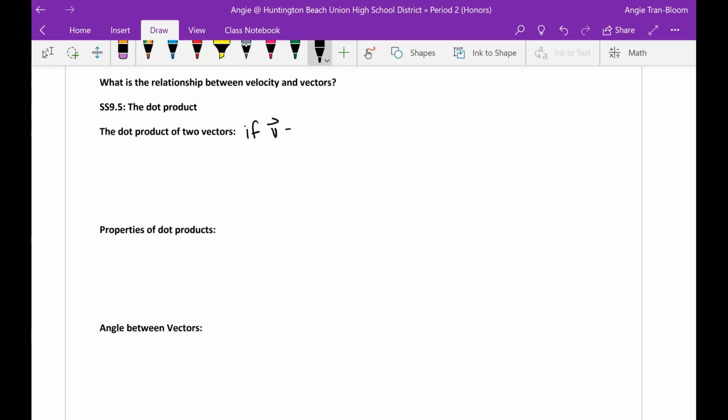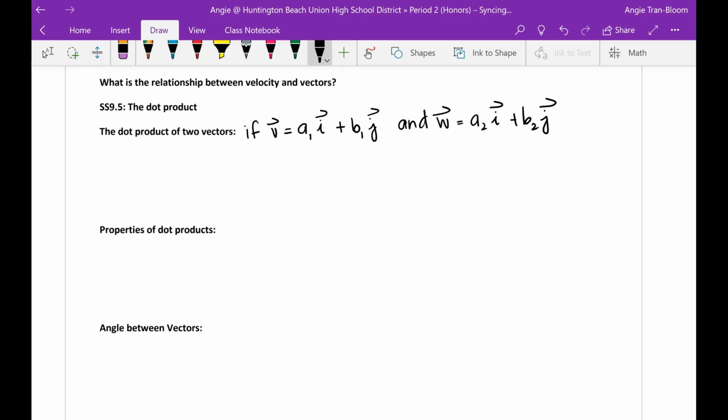If vector v is some given a subscript 1 in the i direction plus b subscript 1 in the j direction, and a given vector w is a subscript 2 in the i direction and b subscript 2 in the j direction, then v dot w is equal to component a1 times component a2 plus component b1 times component b2, okay?